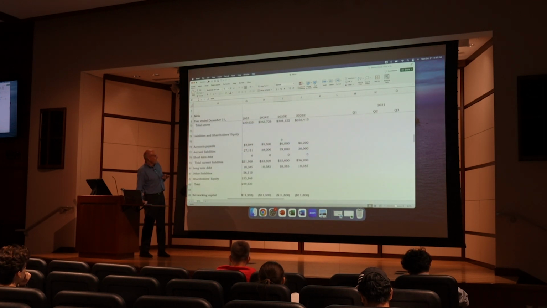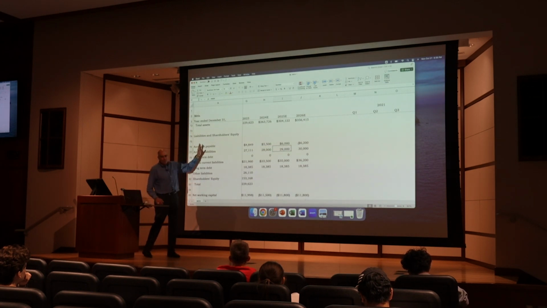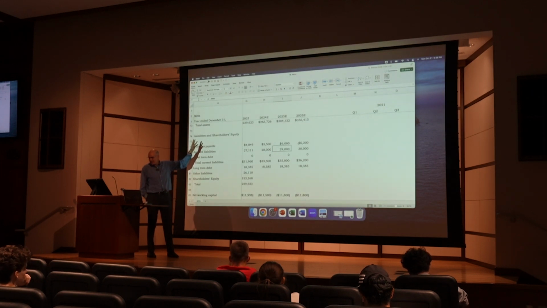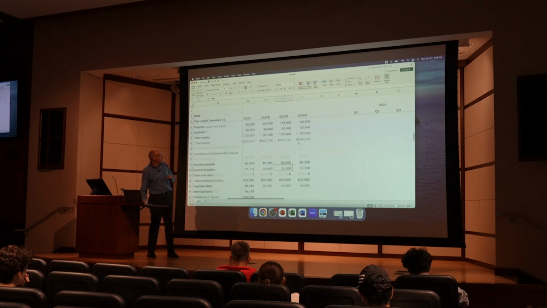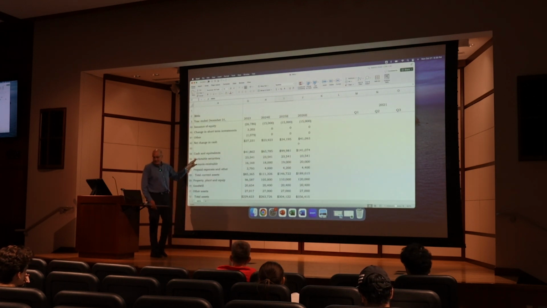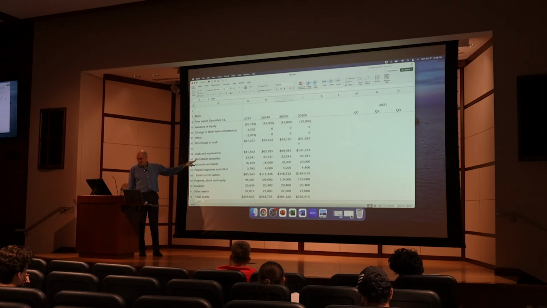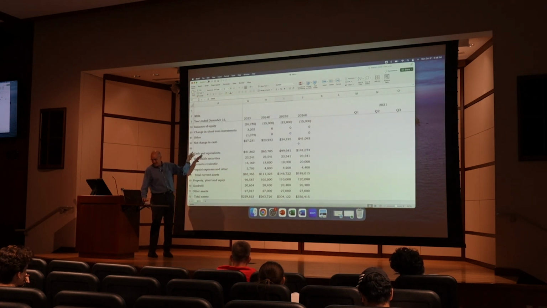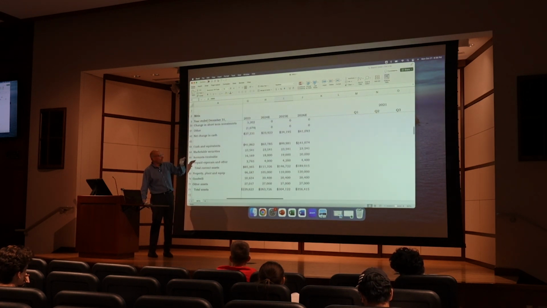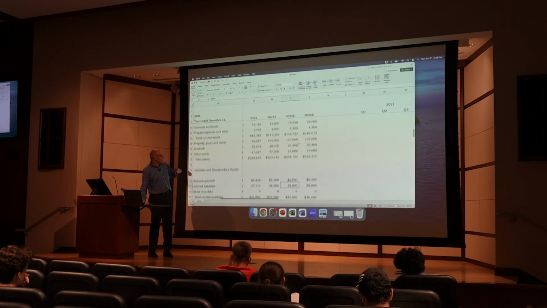Remember, net working capital is accounts receivable plus inventories less accounts payable and accrued liabilities. Cash and equivalents and marketable securities are not working capital, right? And so we do not have these in any part of our working capital balance. And if this company had debt, right, debt also was not a part of working capital.